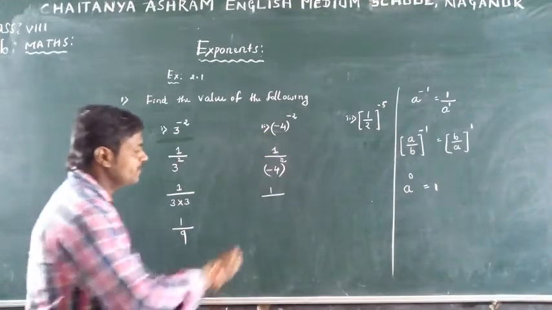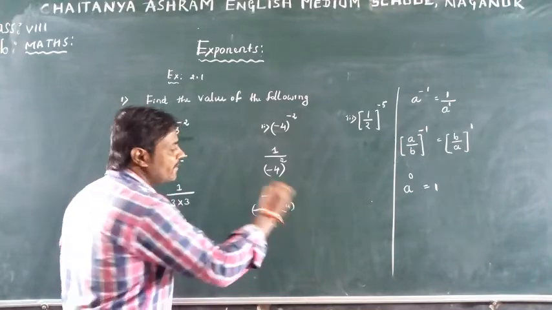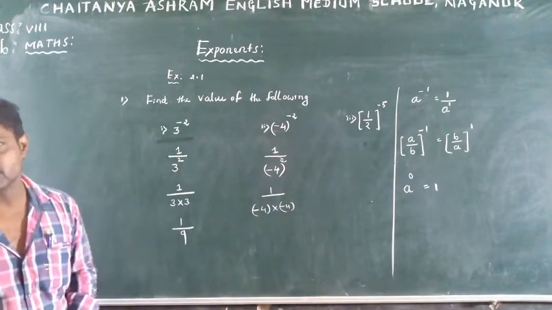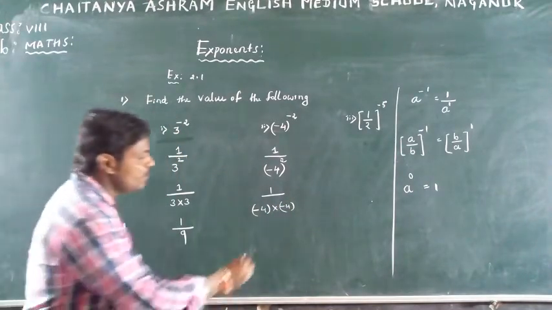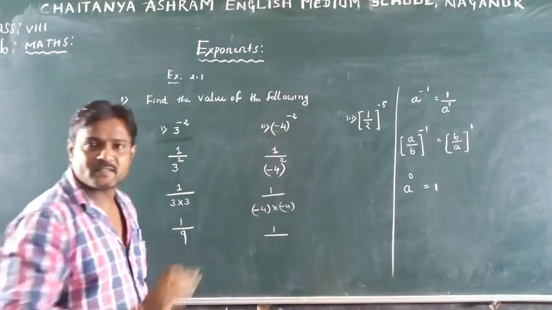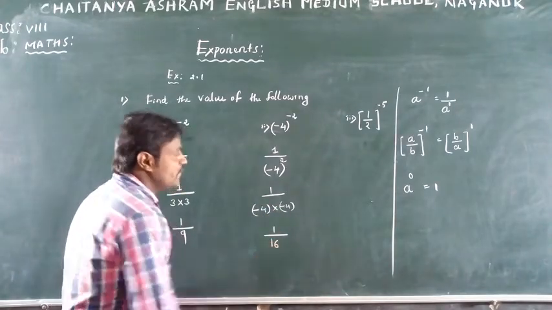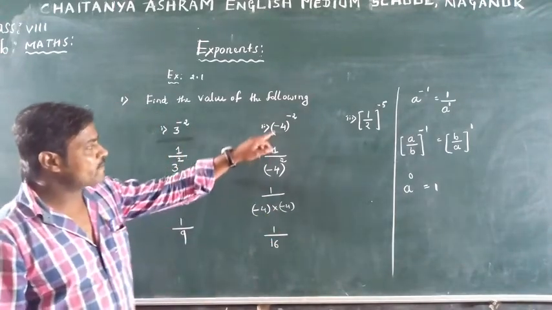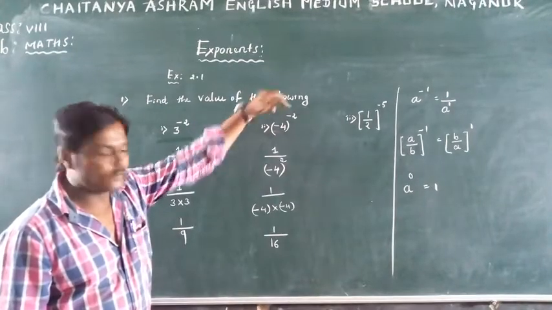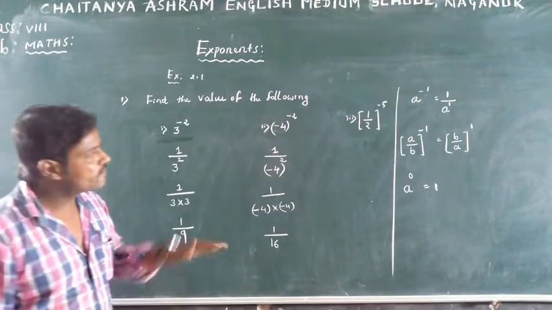We can write minus 4 multiplied by itself how many times? 2 times. Okay? Then 1 divided by minus into minus plus, 4 into 4, 16. So the value of minus 4 raised to the power minus 2 is 1 divided by 16. Clear? See the next one.